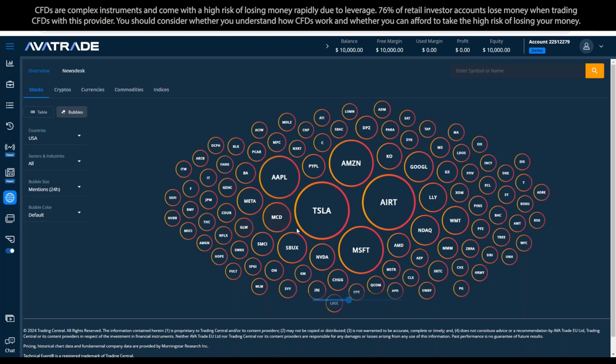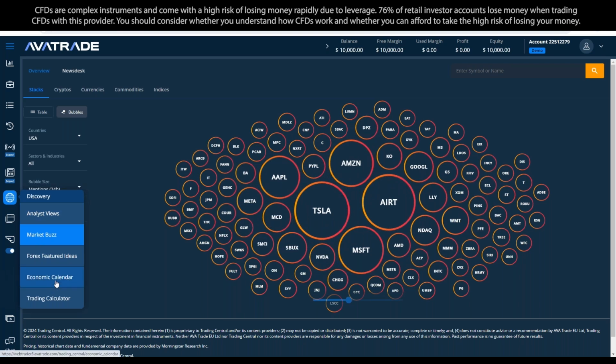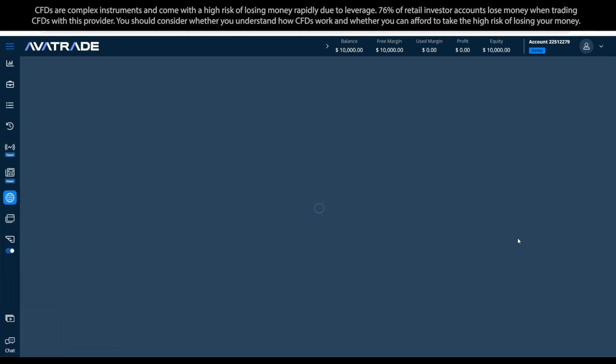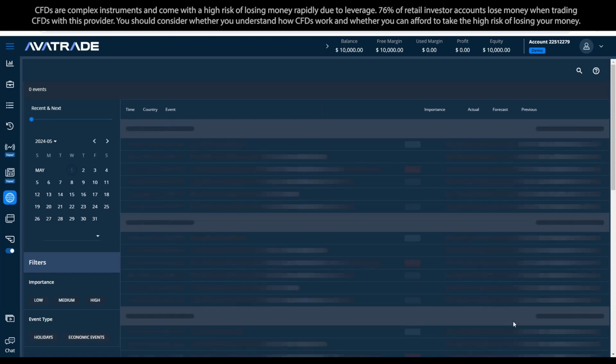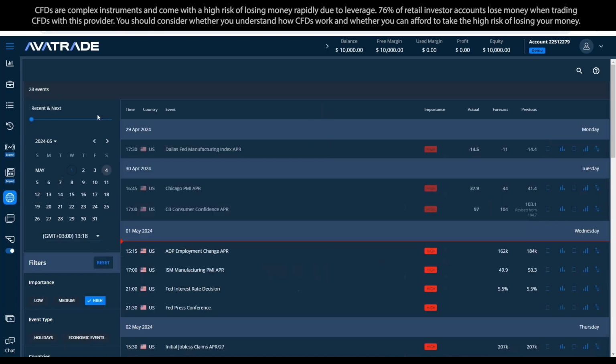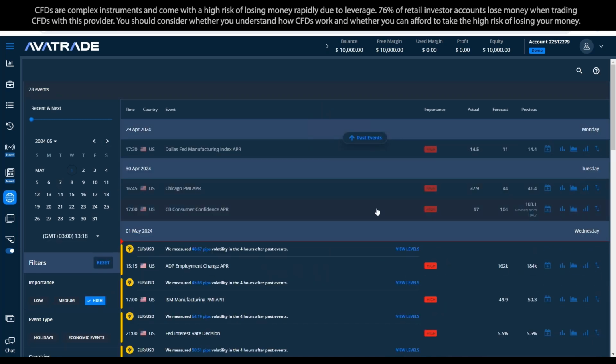Now, as I showed, through the Market Buzz we have some interesting things here: Microsoft, Tesla, Amazon, Apple. And then if I go a little farther down, we have the economic calendar, which I can also filter.